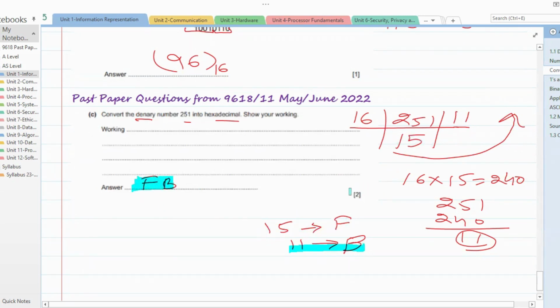You'll only get full marks if you show your working as well as write your final answer.